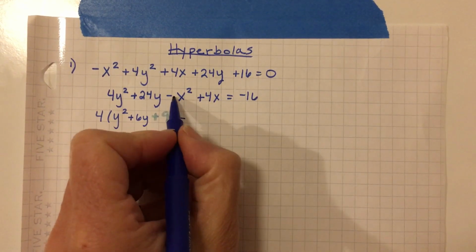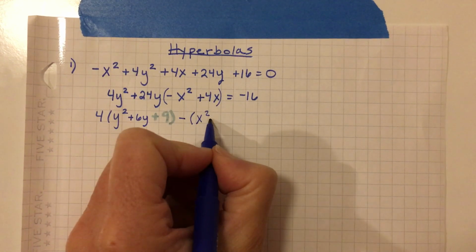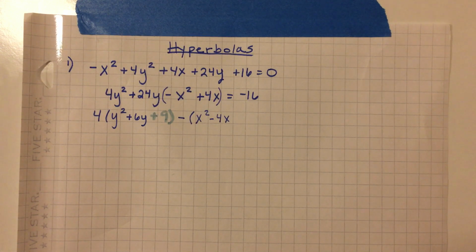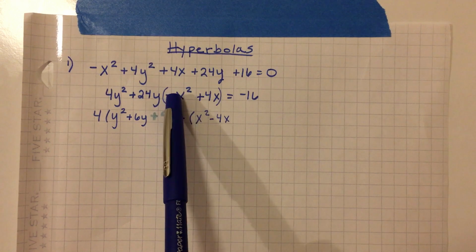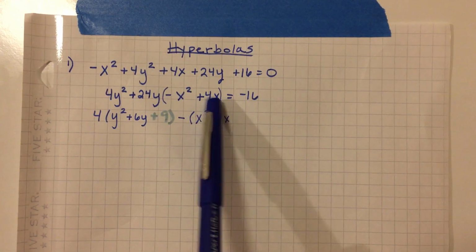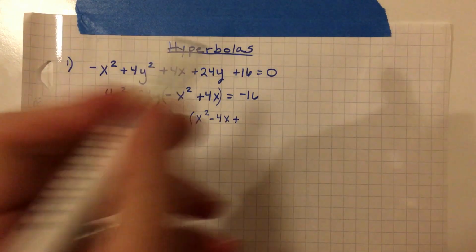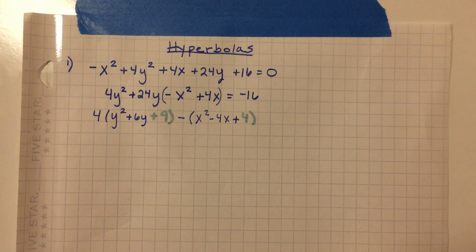This negative sign right here does have to be factored out, and it has to be factored out of both of those terms. So that 4x turns into a negative 4x. If you're ever wondering if you did it right, just remultiply. Negative x squared, negative times negative is positive. All right, and then you complete the square. Half of 4 squared is 4, and that equals negative 16.